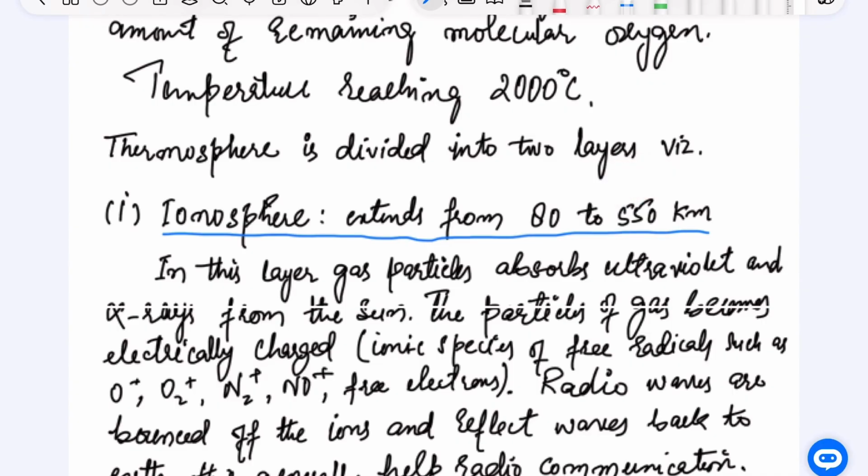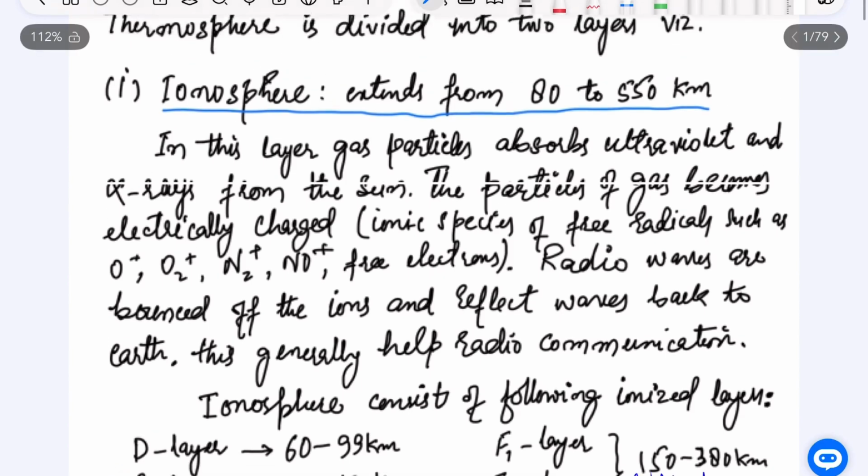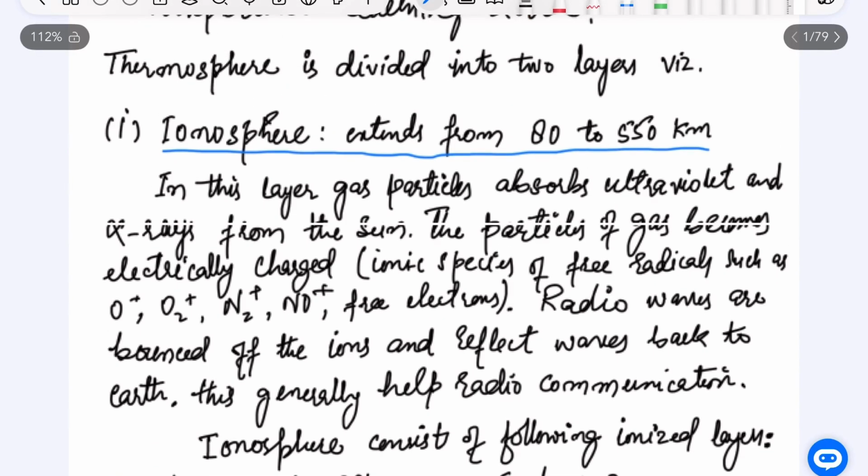So based on the standard of the book, you can consult the standard book and see which book writes what, and most probably it is written that 60 to 600 kilometer is the extent of the ionosphere.